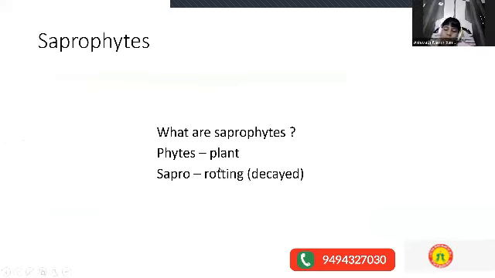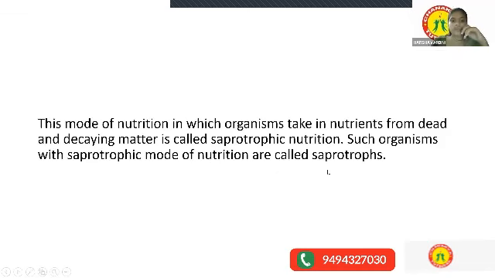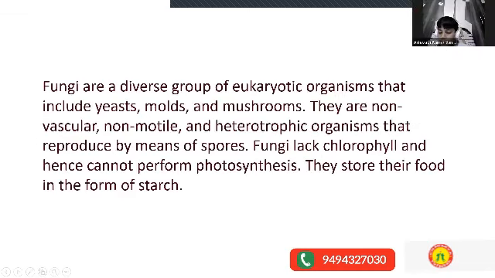Phytes means plants, sapro means decayed or rotting. So whenever nutrition is got from decayed material, those phytes are called saprophytes. So now we are going to fungi.